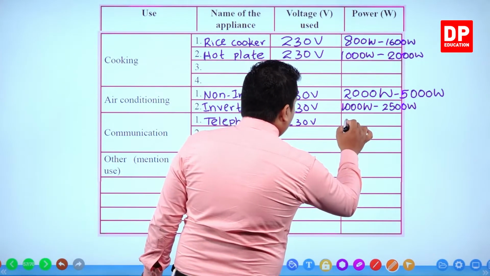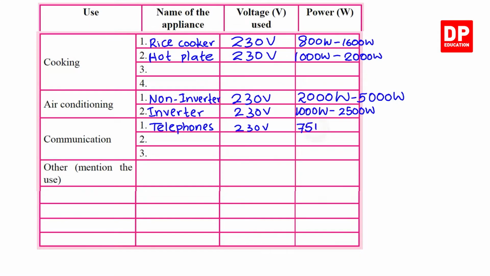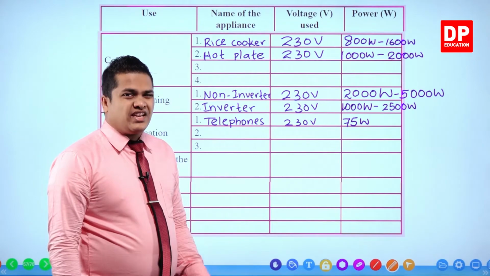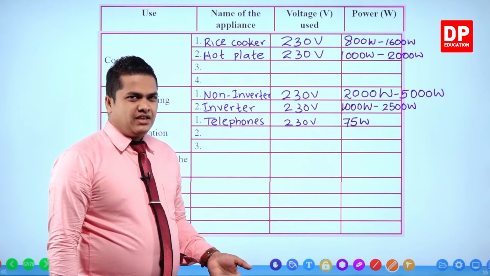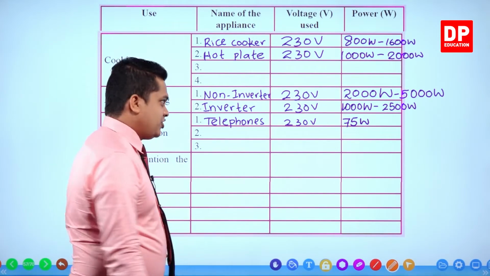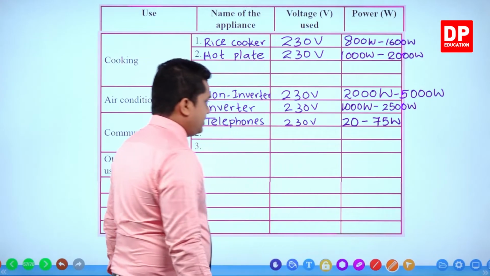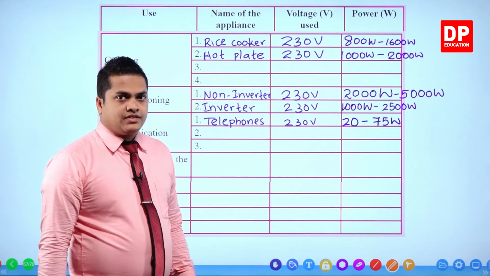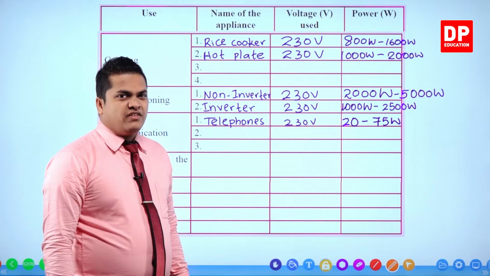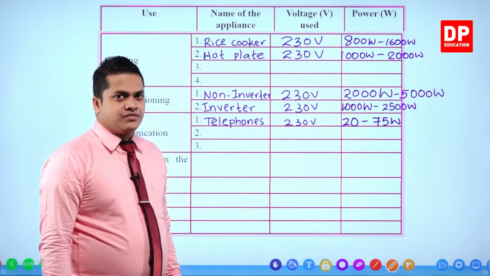The watt value is around 75 watts. And there are even lesser ones as well, like 20, 25, 50. So I'll mention a range, that would be great. The watt value is around 20 to 75 watts nearly. Very little electricity is used.